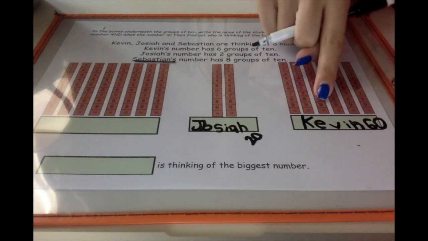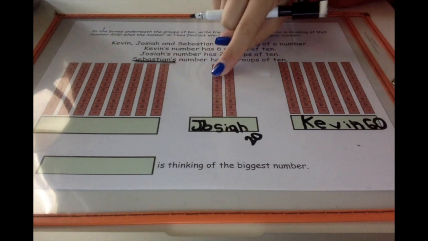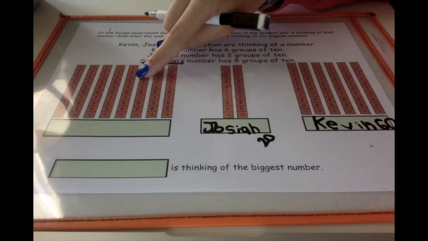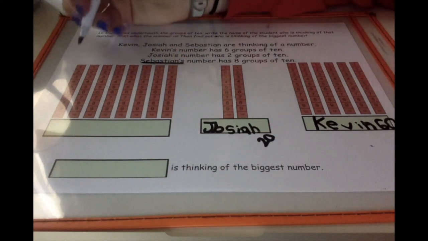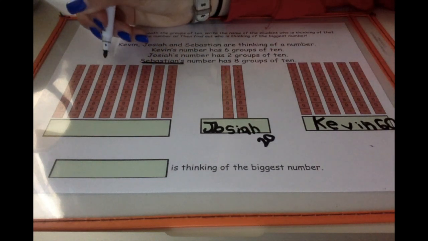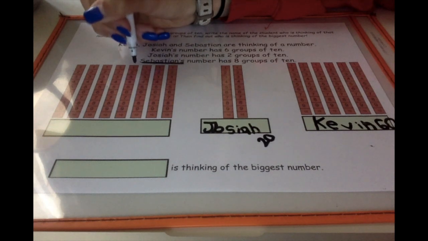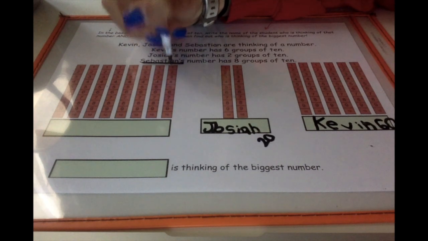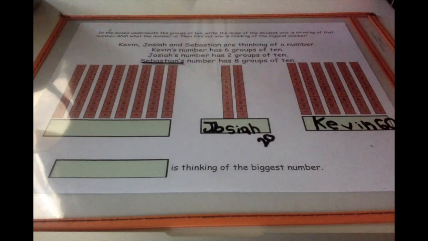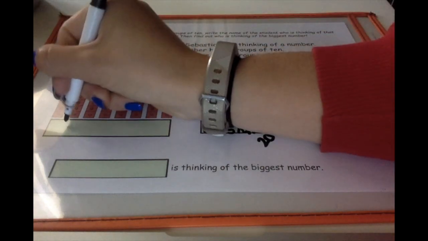Okay, so that leaves us with Sebastian's number has 8 groups of 10. Well, since this is Kevin's number, since this is Josiah's number, this must be Sebastian's with 8, but let's double check. 1, 2, 3, 4, 5, 6, 7, 8. Are there 8 groups of 10 here? Yes, there are. So this must be Sebastian's number. So I'm going to write his name.